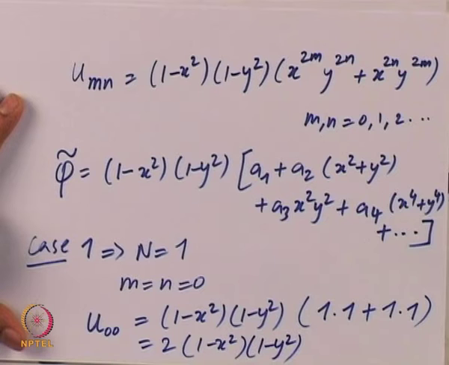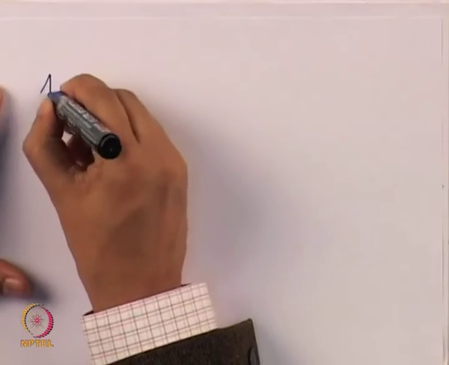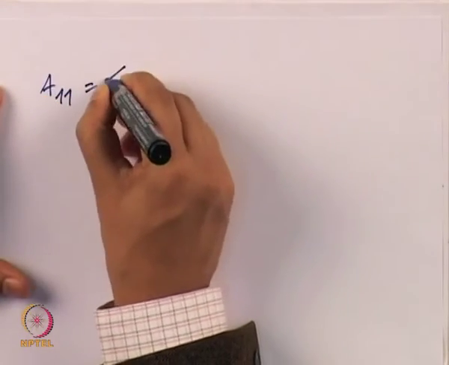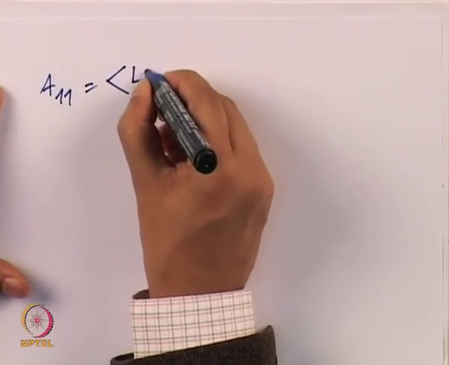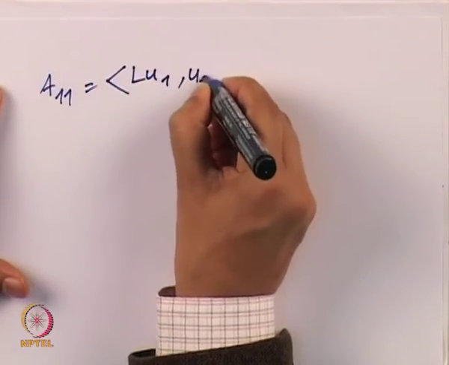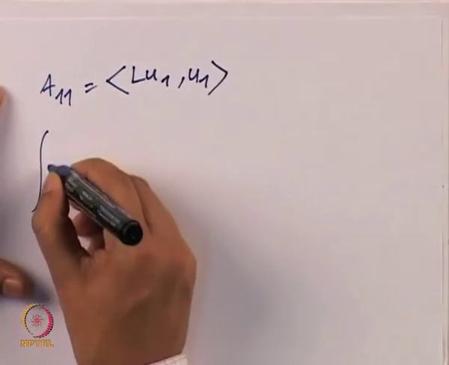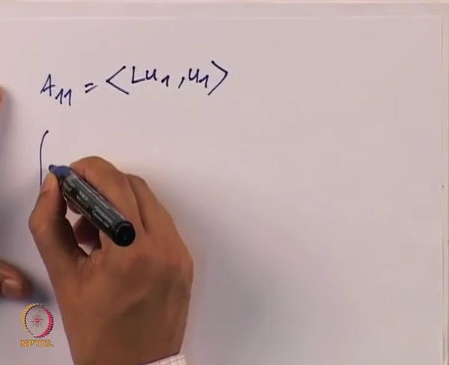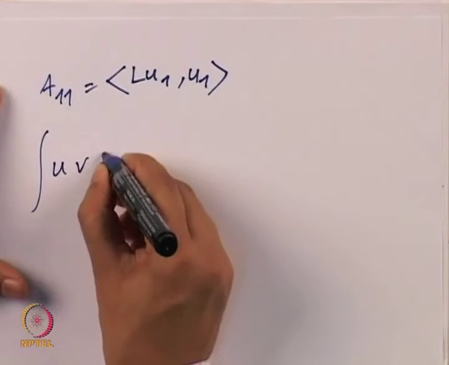Once we do that, we can multiply this into our equation in a clever way by taking the inner product. So we will have the first coefficient, which is given by L of u1 comma u1. Remember, the inner product is defined as u v dv.